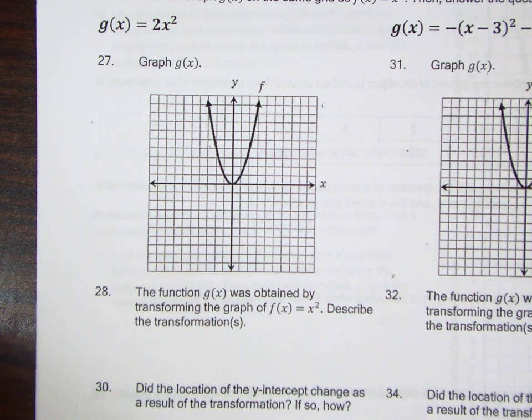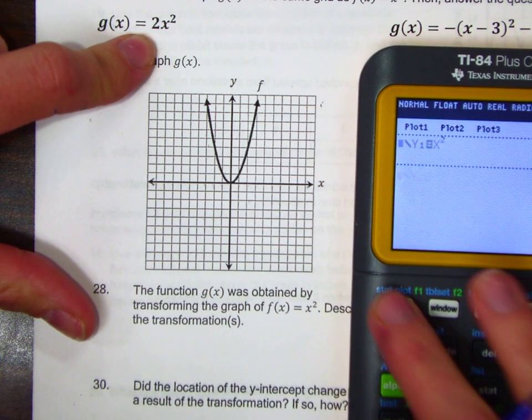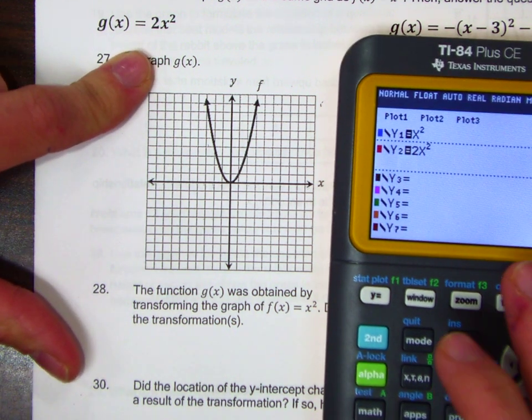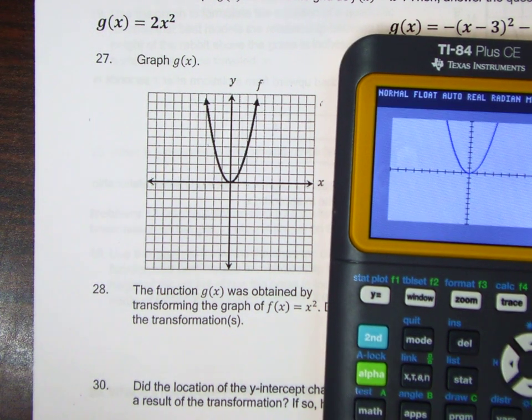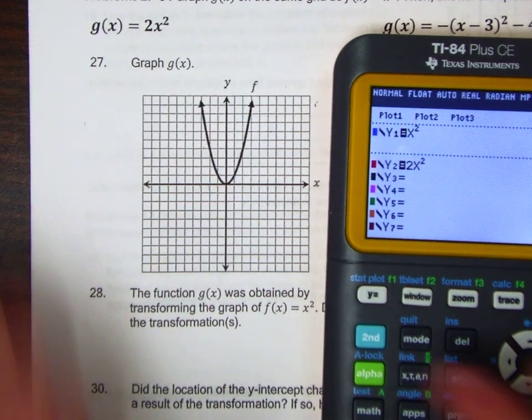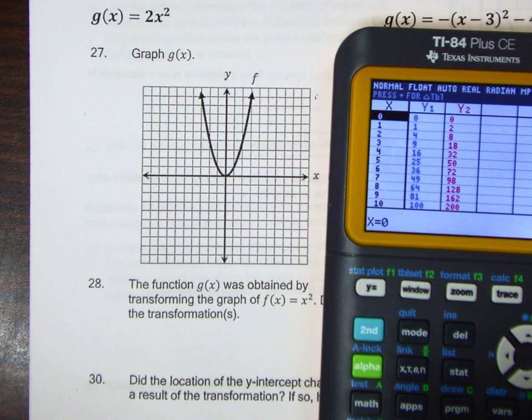All right, on 27 through 34, it says graph g of x on the same grid as f of x. So once again, utilize your calculator. I'm going to type 2x squared. There's my original. And there's my new one. If you want to get specific points, go to the table. All right, and remember, we're graphing the red one, so I'm paying attention to the red points.